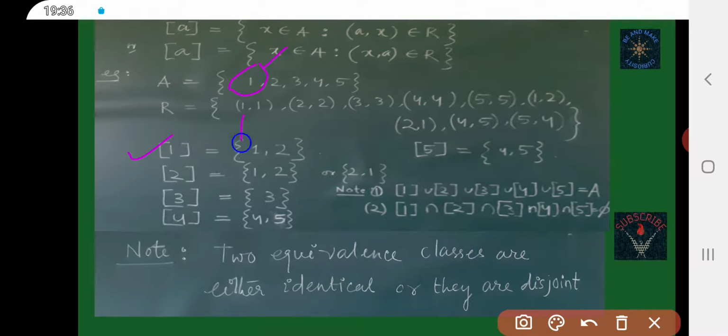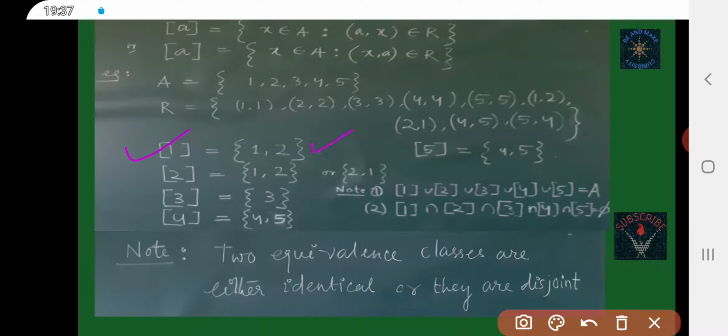So 1 is related to 1, and are there any other elements? Yes, 1 is related to 2. Okay, so the set is {1, 2}, and this is your equivalence class containing 1.